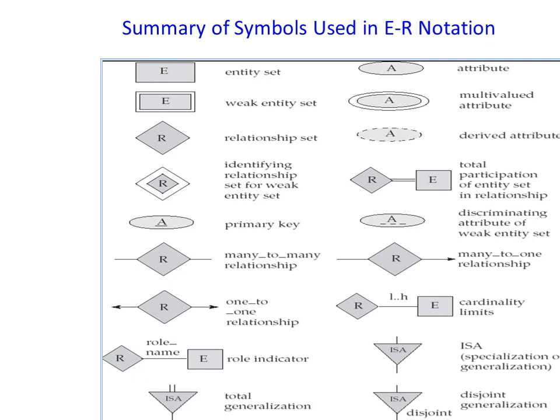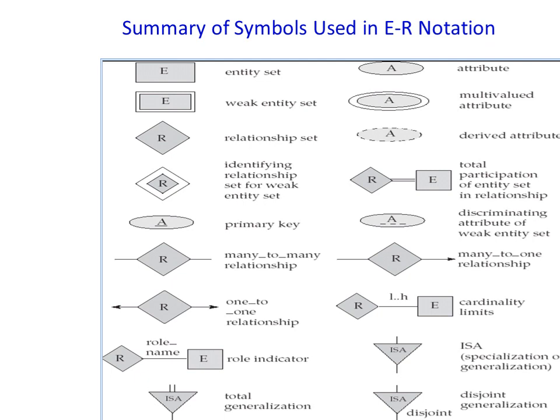Specialization or generalization is once again represented by ISA. For disjoint generalization, we can use the word disjoint, and cardinality limits are represented like this.